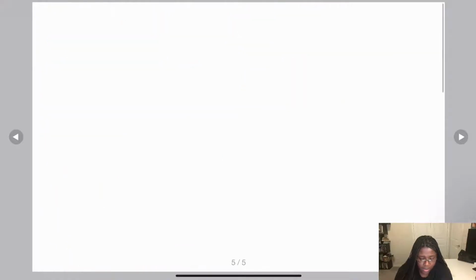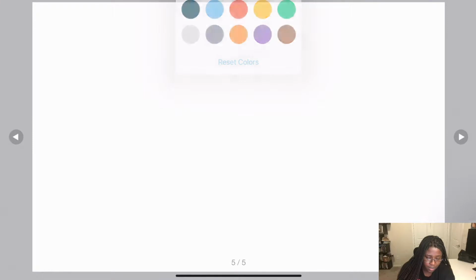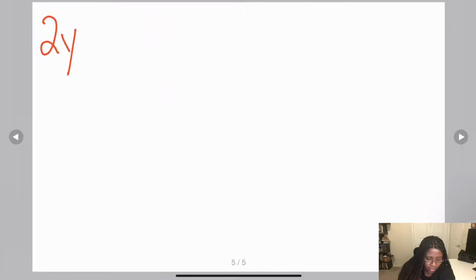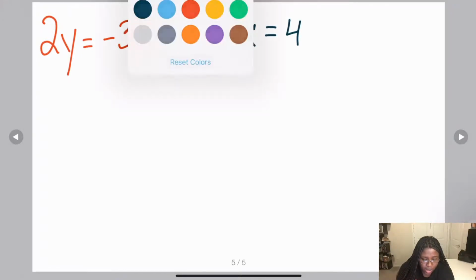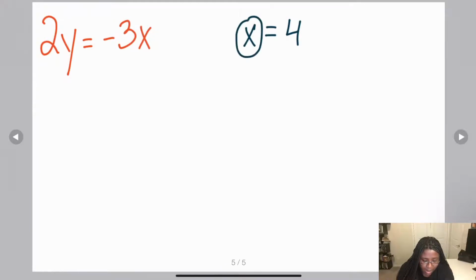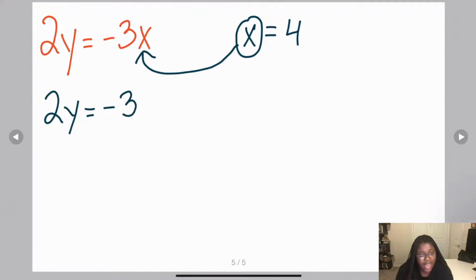So let's go off to the next page. 2y equals negative 3x. And we know that our x was equal to 4. We know with substitution, we take our ham and we put it into our sandwich, and then we solve. So 2y equals negative 3 times our x, which in this case is 4.